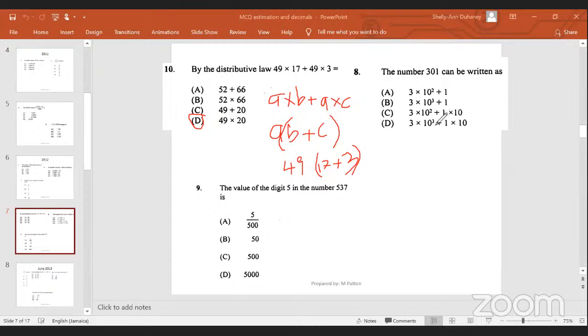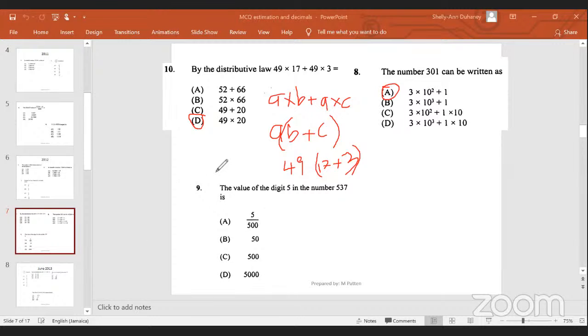It couldn't be B, and it couldn't be C either, because it's multiplied by 10, it's just 1. So by looking at the question, the answer must be A.